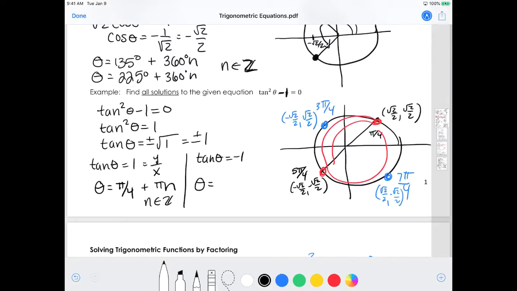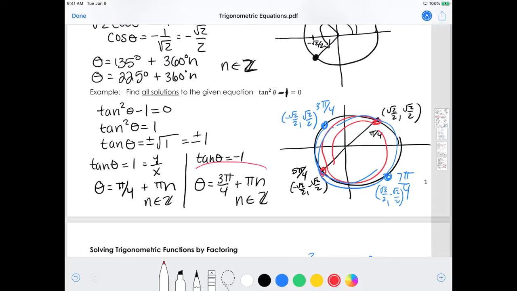Now, for me to land in any of those 2 spots, I just have to keep adding pi, and I keep landing. Since tangent has a period of pi, it repeats every pi rather than 2 pi like cosine and sine. So I'm going to write down for my answer for tangent theta is equal to negative 1, that it's 3 pi over 4 plus any multiple of pi, where n is in the integers.